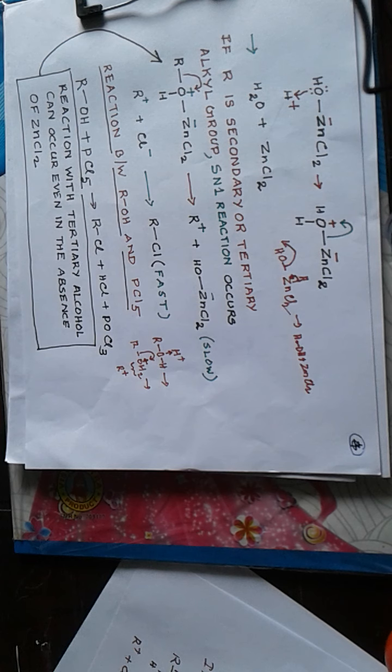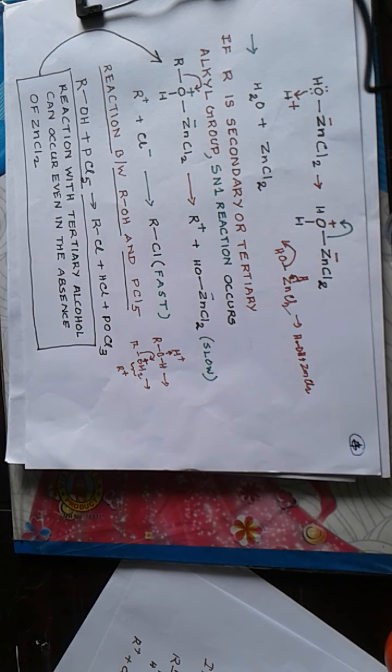Now, with a primary alcohol and anhydrous zinc chloride and HCl, you have to heat the mixture to get an opalescence. So, this can be used as a test for the three types of alcohols, that is primary, secondary and tertiary. Tertiary gives an immediate opalescence indicating the formation of RCl.